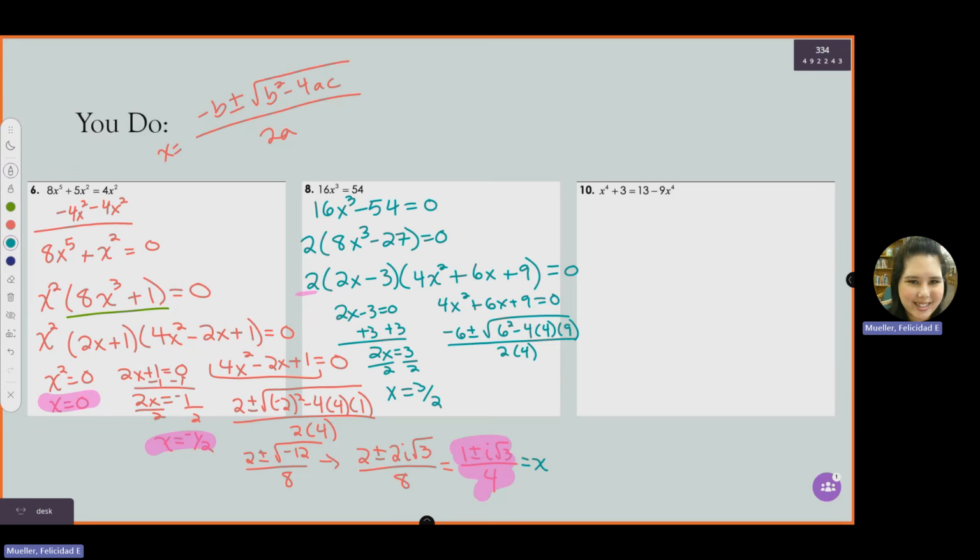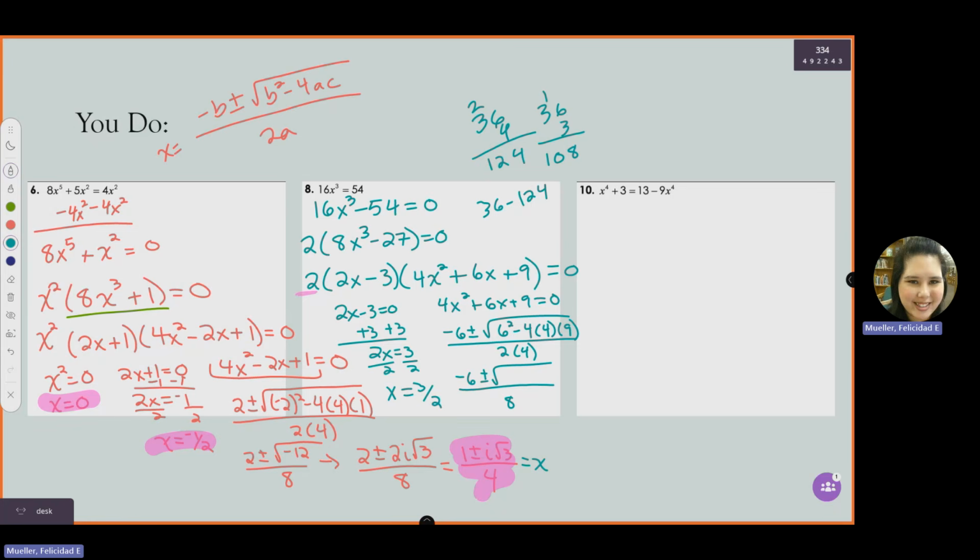So that's going to get us -6 plus or minus the square root of 36 minus 4 times 36. 4, carry the 2, 12, 124. Which is really times 3, so 6 times 3 is 18, carries a 1, 108.